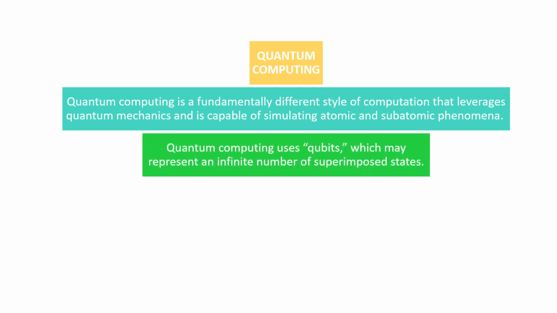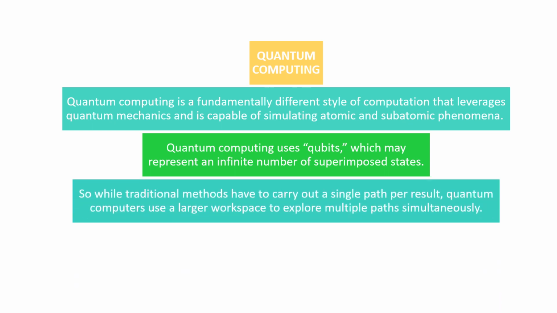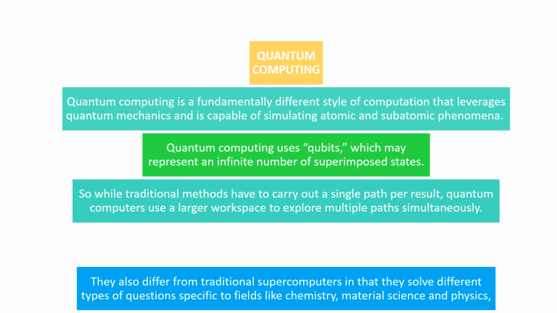Instead of zeros and ones, it uses qubits, which may represent an infinite number of superimposed states. While traditional methods have to carry out a single path to the best result, quantum computers use a larger workspace to explore multiple paths simultaneously.